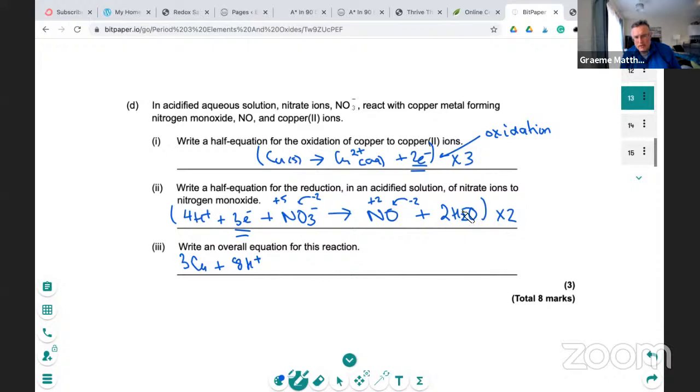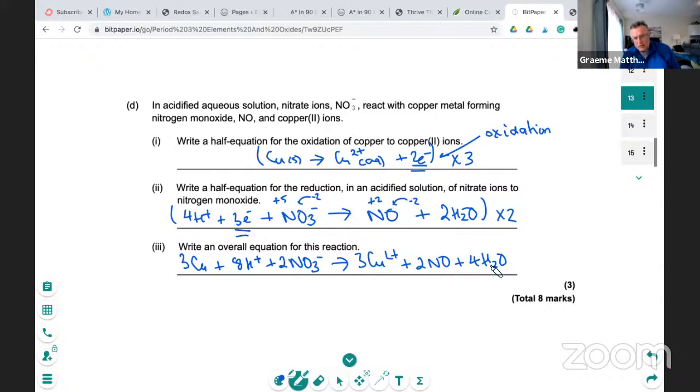No worry about this bit. 2 NO3s. So multiplying through them, adding together what's on the left-hand side. And then let's see, 3 copper 2 plus and 2 NO. All right. Let's see, 4 waters like so.